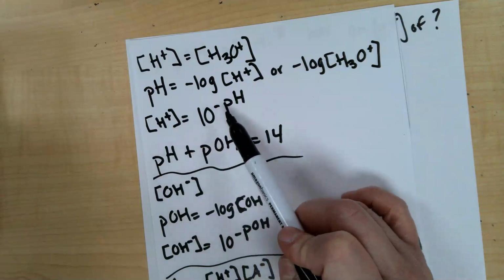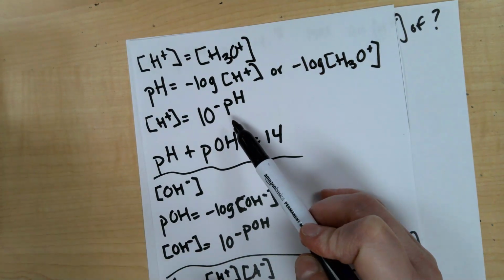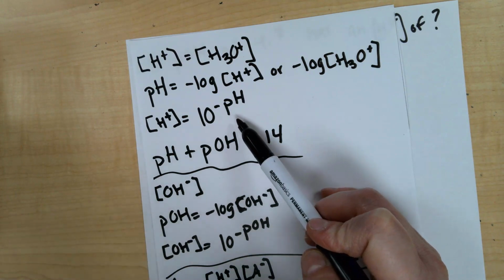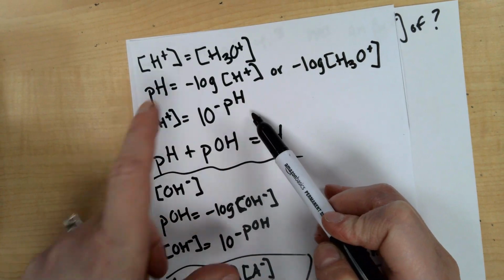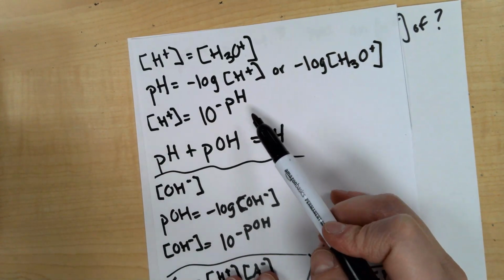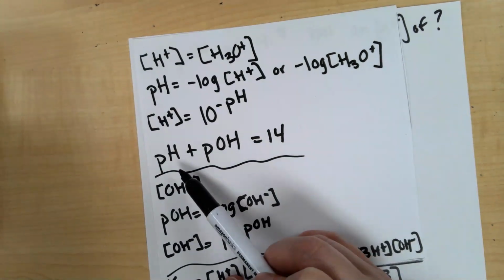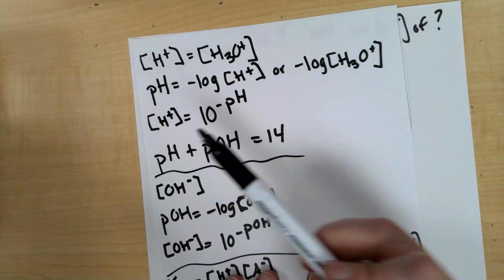So that's the relationship between those two, because that's the opposite equation to the pH. The pH is negative log of the H plus concentration. That means that the H plus concentration would be 10 to the minus pH. So we're going to use the pOH it gave us to solve for pH, and then we can raise 10 to the minus pH that we get, and it will give us the H plus concentration.